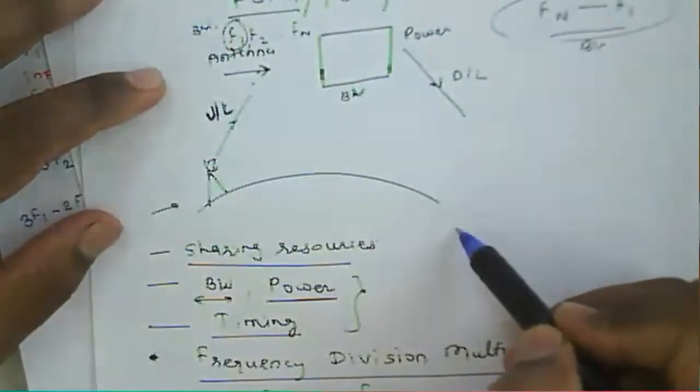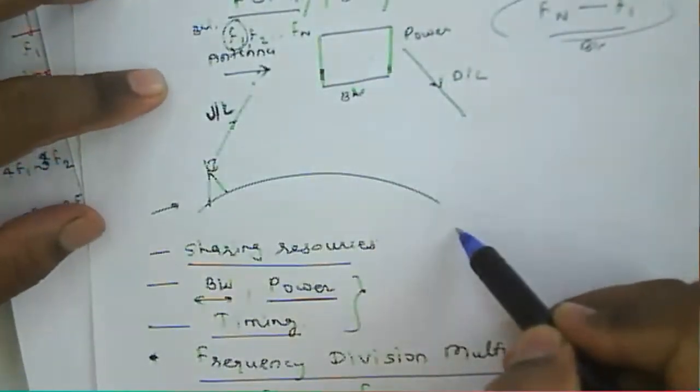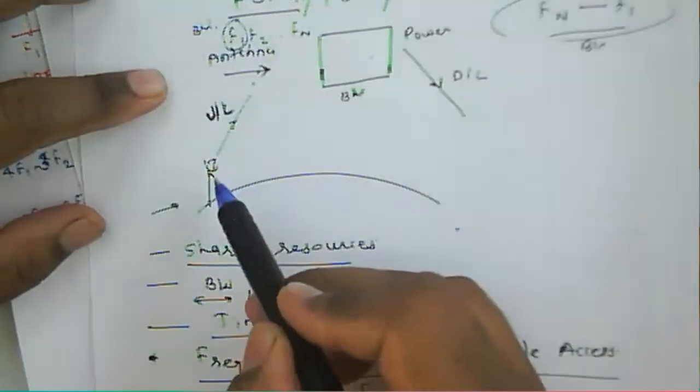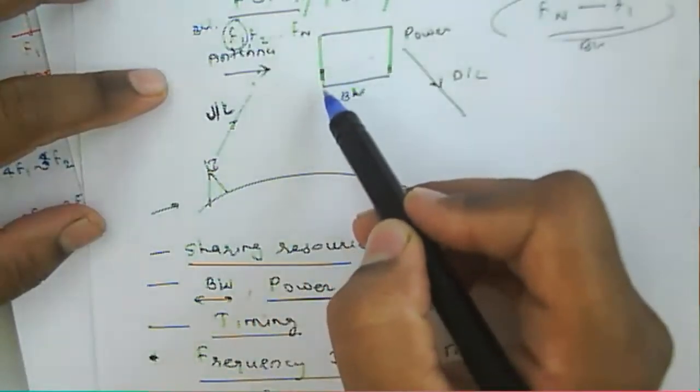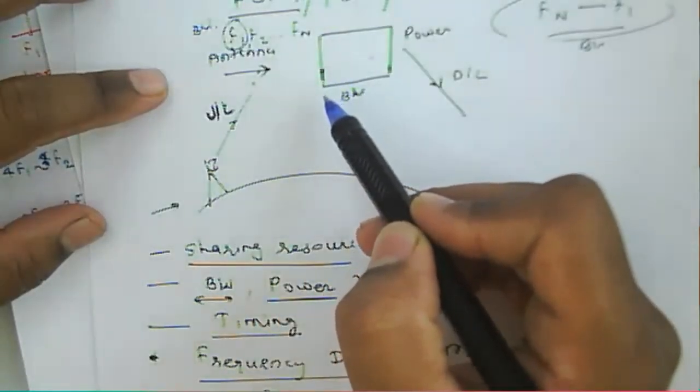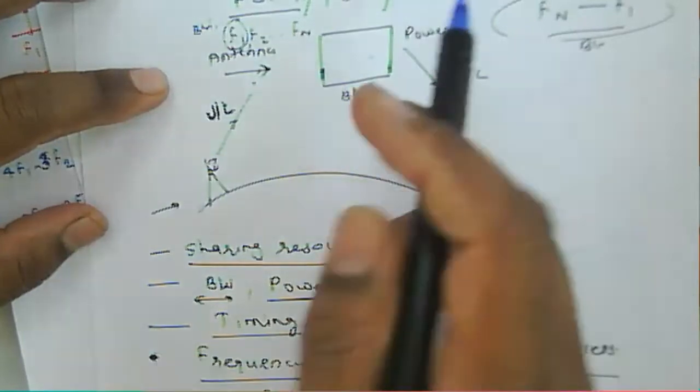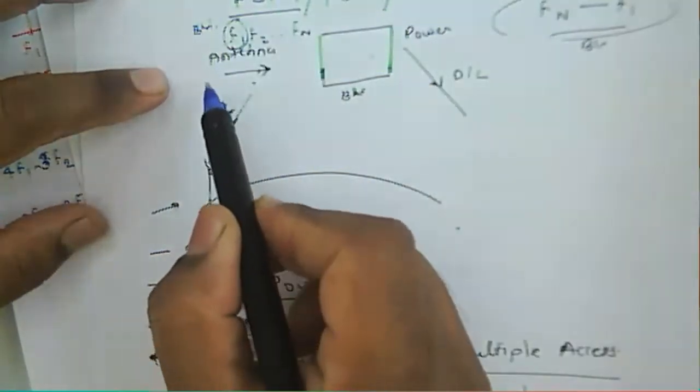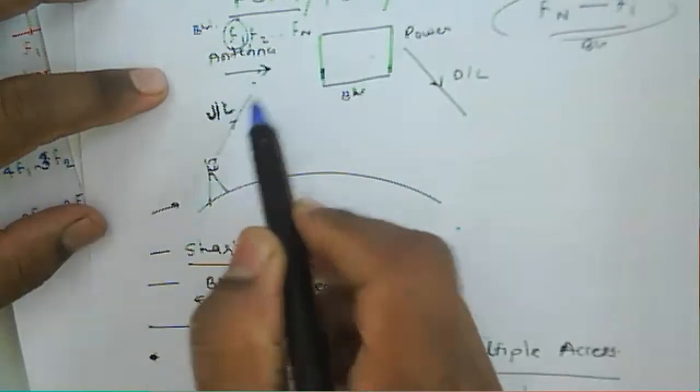From the transponder to the earth station, or from the earth station to the transponder, they have limitations regarding power transmission.